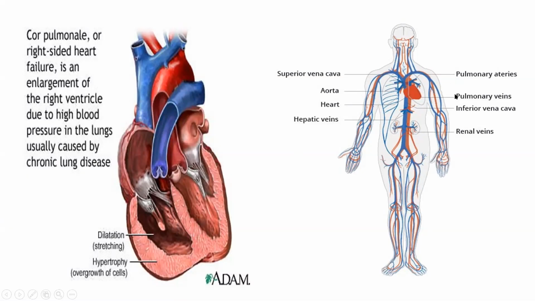And in the lungs, because of the disease process, this pulmonary artery constricts, hence causing right ventricular failure. So the cause of cor pulmonale is high blood pressure in the arteries of the lungs, pulmonary hypertension, and because of that, cor pulmonale is defined as right-sided heart failure.